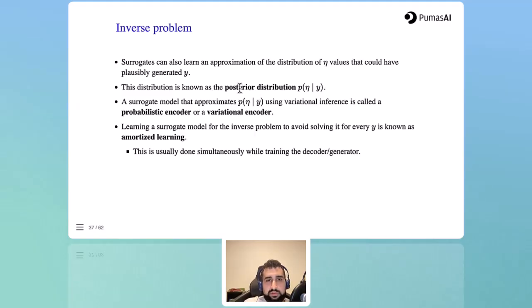Now, as I said, the surrogate can also learn an approximation not just of a point estimate or a single value eta star for each subject, but a distribution of values of eta for each subject. Those are the values of eta that could have plausibly generated y. So there might not be just a single unique value.